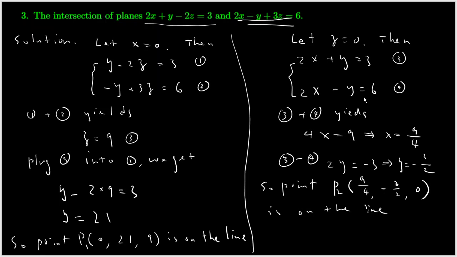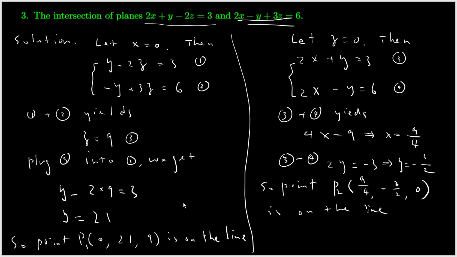Okay. Now remember, P1 is the point 0, 21, 9. And the P2 is the point 9 over 4, negative 3 over 2, zero, right?